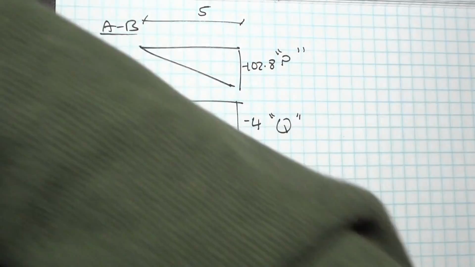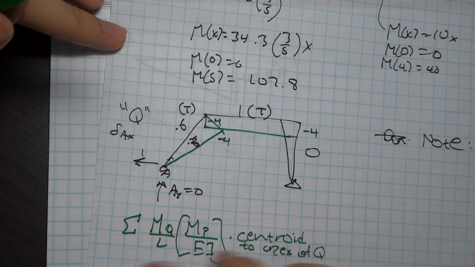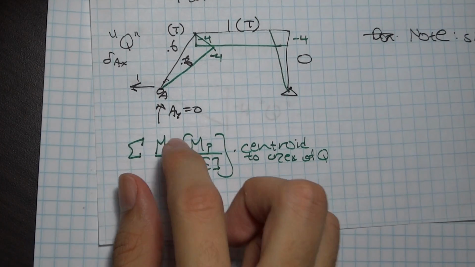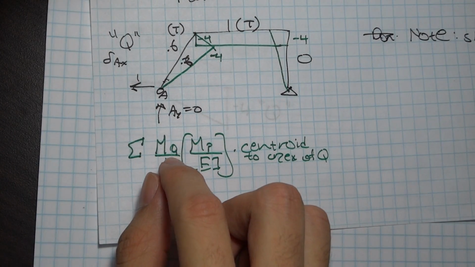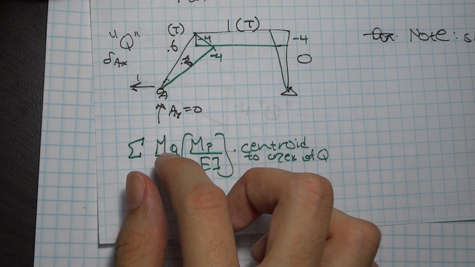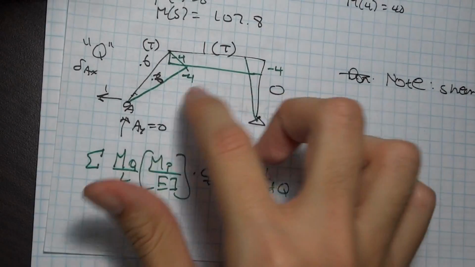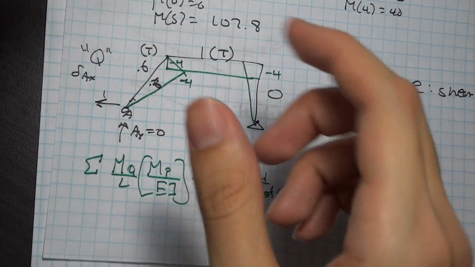Okay. So what I think is causing confusion is what MQ and L represent. MQ is the value of your Q diagram at the maximum value of your Q triangle. So let me step back a little bit. You always want to divide your Q diagram into triangles. They don't have to be right triangles.